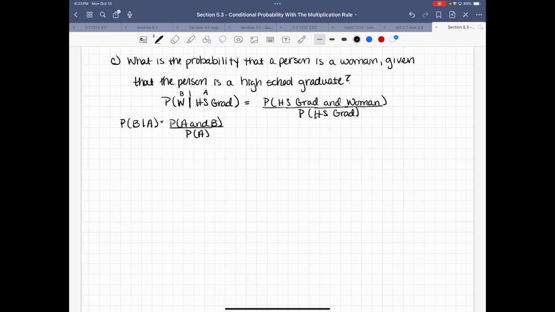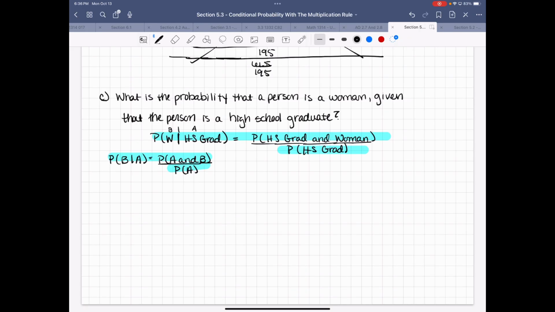So we have to calculate the probability of being a high school grad and a woman. And we know what the probability of being a high school grad is, right? We just found that in B. This makes life a lot easier.